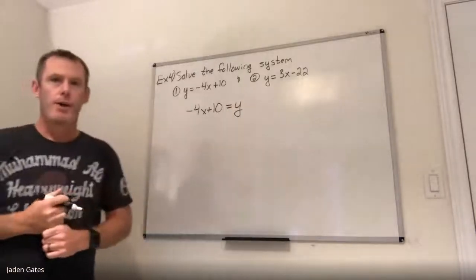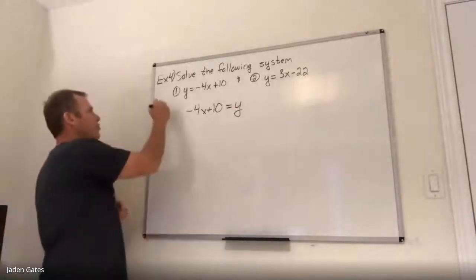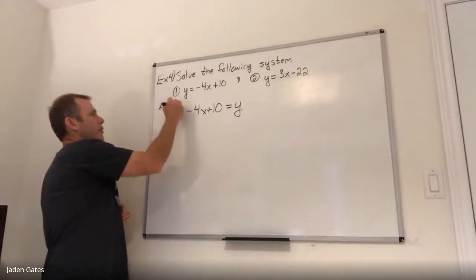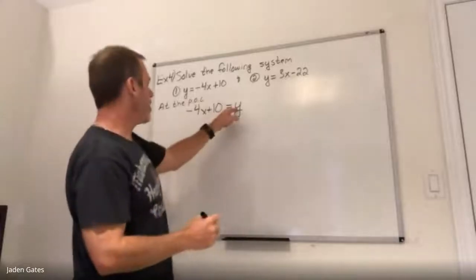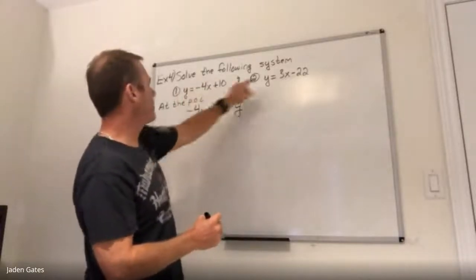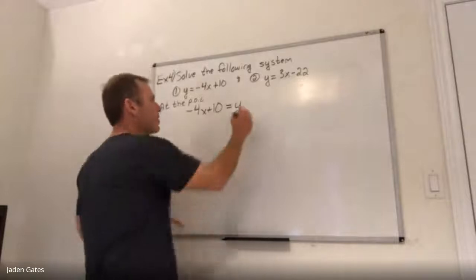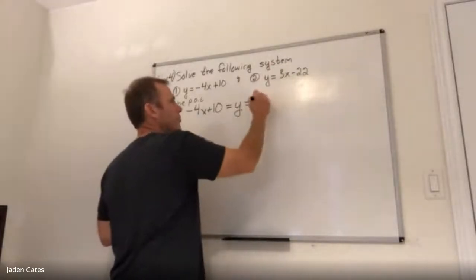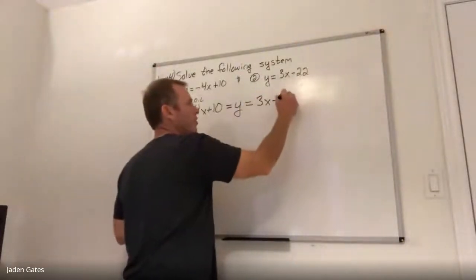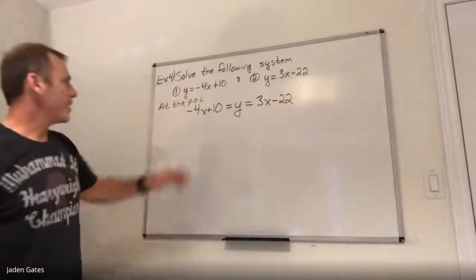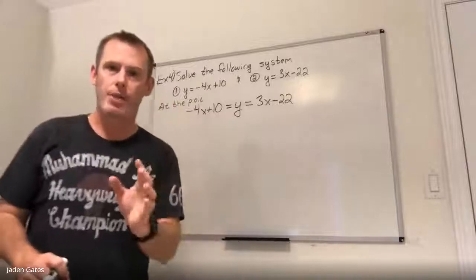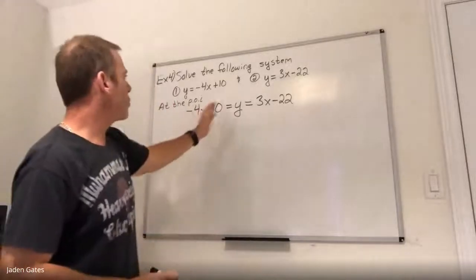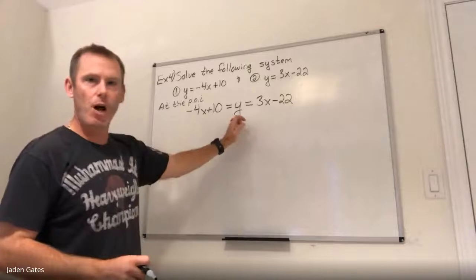Now at the point of intersection, here's something important. This y here and this y here are the same. So I'm going to make y equals 3x minus 22. Because they have the same x and the same y at the same time, these two equations are both equal to y.